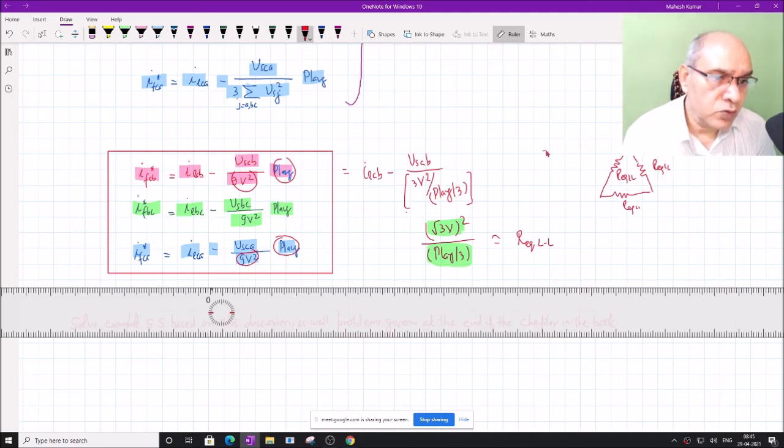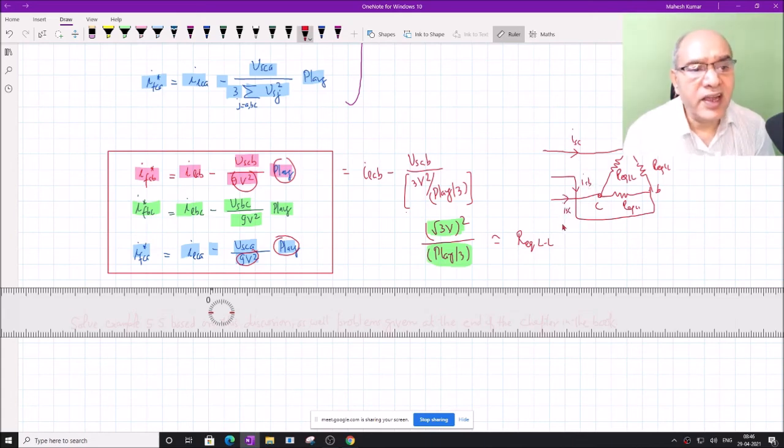This is seen by the utility. Finally, this is A, B, C. This is ISA, this is ISB, this is ISC. So ISA, ISB, ISC will see the network as a perfectly balanced resistive load, because this value is the same for all three phases.